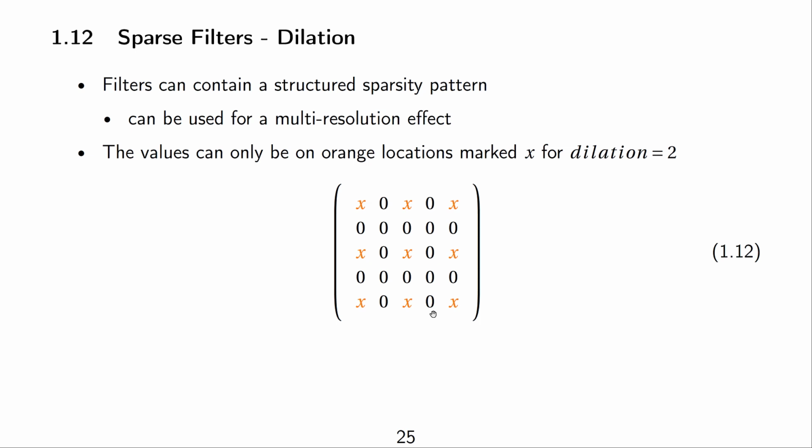Of course, when implementing the convolution with such a sparse filter, you would not compute all the multiplications of zeros with other values. You would know the sparsity pattern, and you would only combine the orange values with the image values at the corresponding locations. Now, this dilation can be very large, then you have a filter that is very large and very sparse.